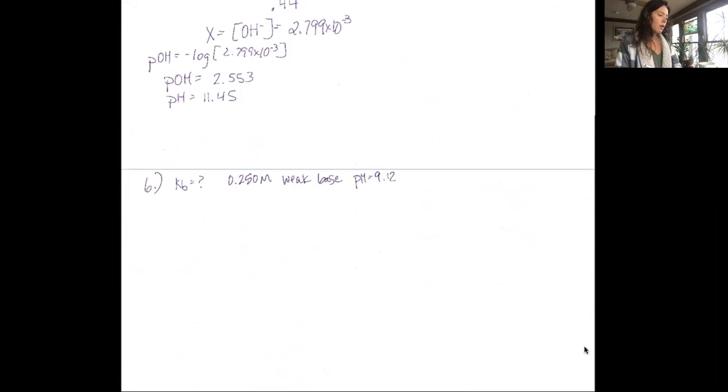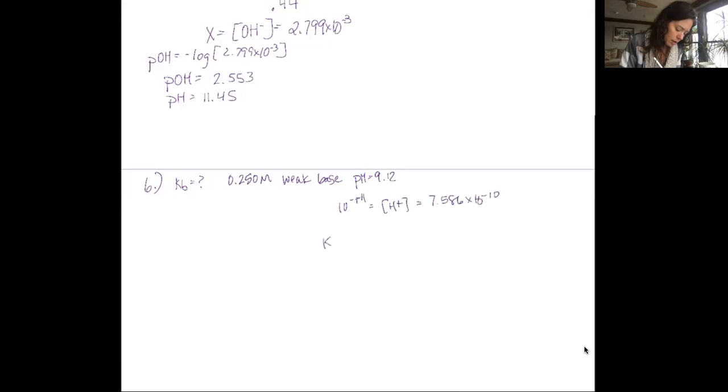All right. So what do I know? I know that if the pH is 9.12, 10 raised to the negative pH equals H plus. And I have it down here that that's going to be 7.586 times 10 to the negative 10th.